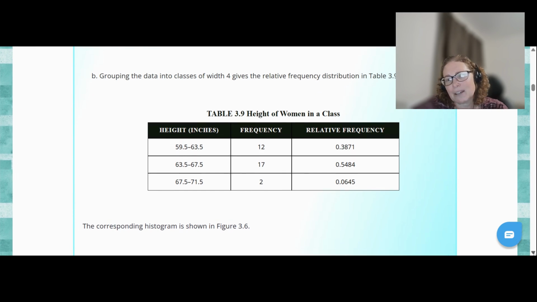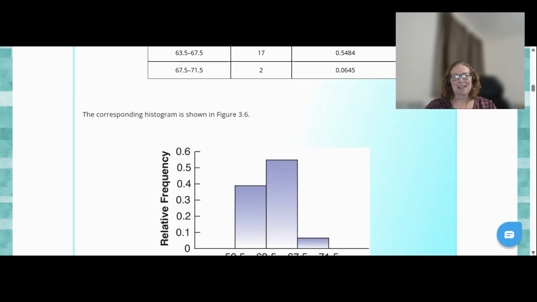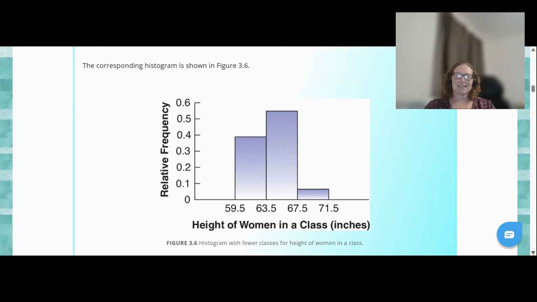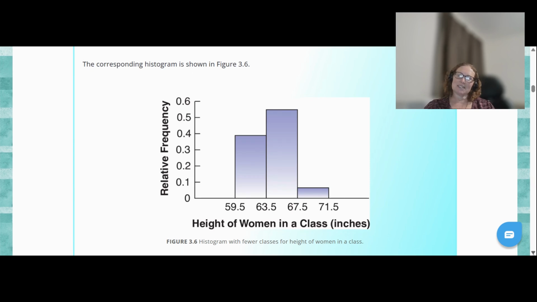If we did the width by 4, which was that next section, again, we still have the same number, 31. I don't know what I counted before, but we did that division and got the relative frequency. If you look at that one, that looks a bit different. It looks a lot different.